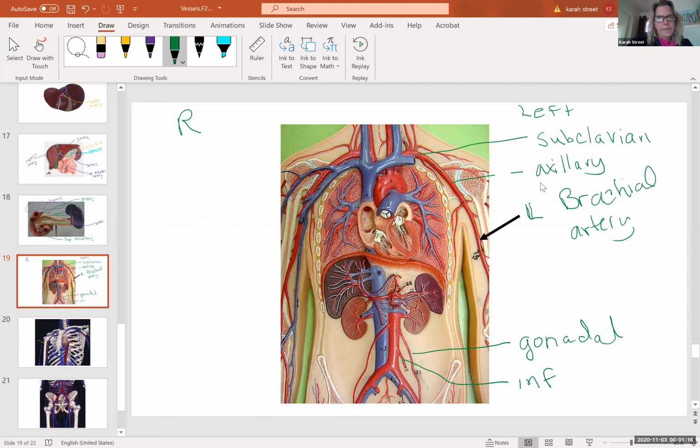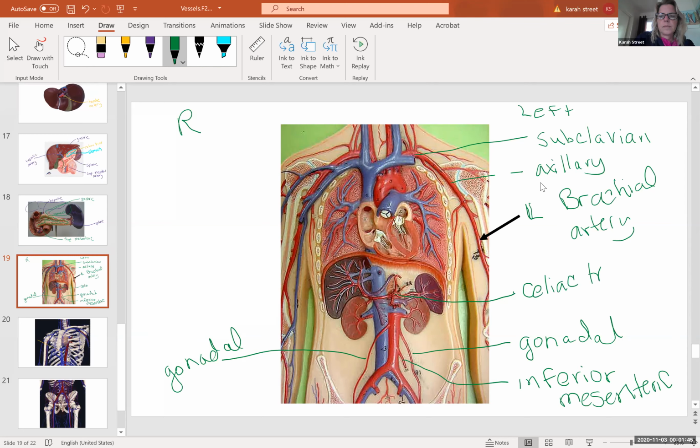There is no left or right inferior mesenteric, nor left or right superior mesenteric. Those are unpaired branches. They are singular branches. So that's inferior mesenteric. Here's the other gonadal on the right side. Again, celiac trunk coming out at you. And this nub coming out at you would be superior mesenteric.